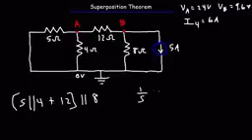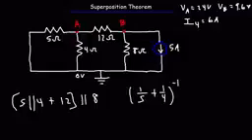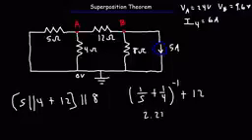We have 1 over 5 plus 1 over 4, raised to the minus 1, and then we're going to add 12 to that. 1 over 5 plus 1 over 4 raised to the minus 1, that's 20 over 9, which is 2.2 repeating. And then adding that to 12, that's 128 over 9, which is 14.2 repeating.